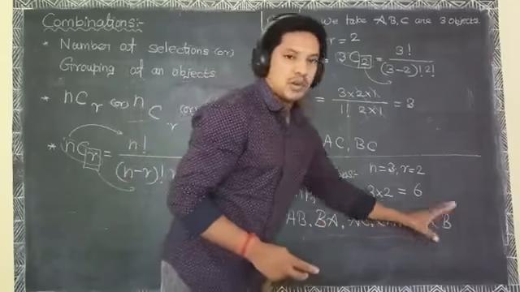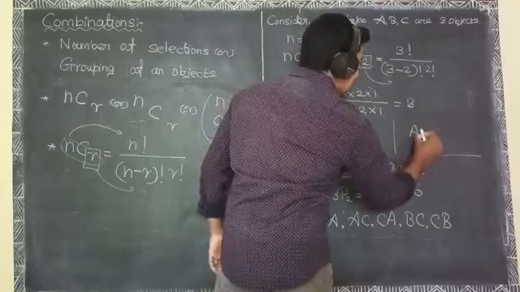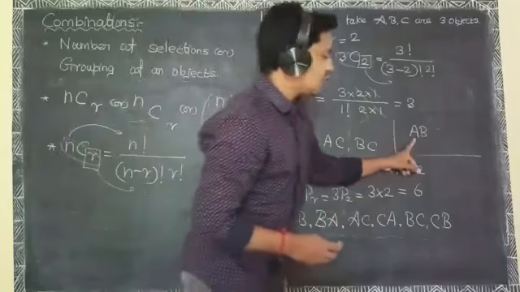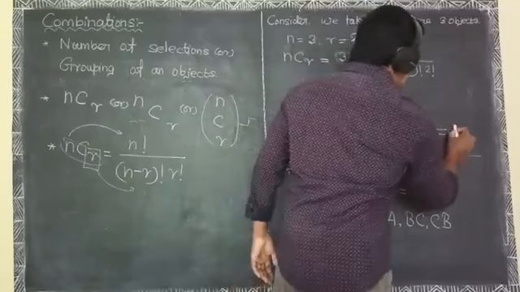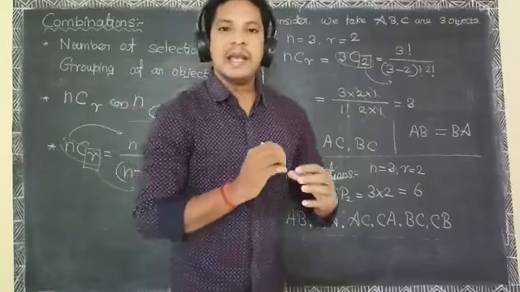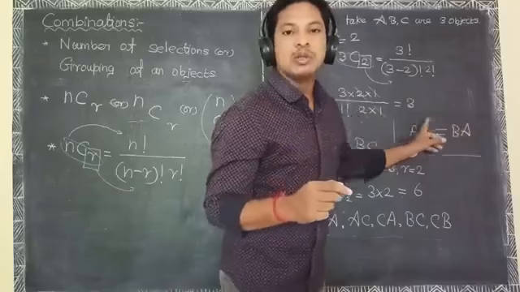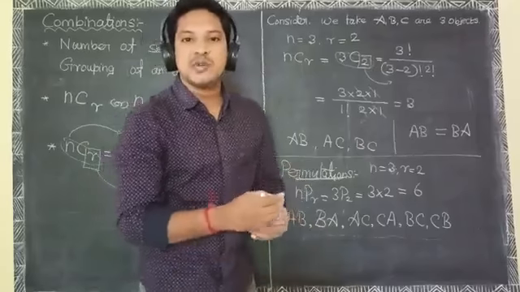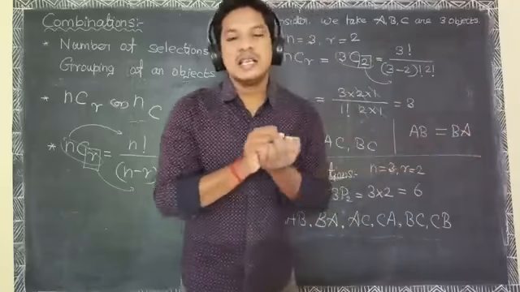But A B as a selection means we select two objects, A is one object and B is another, and B A is the selection of the two objects B and A, both are the same. Here A B and B A are arrangements, and the arrangements are different, but the selection of objects is the same.